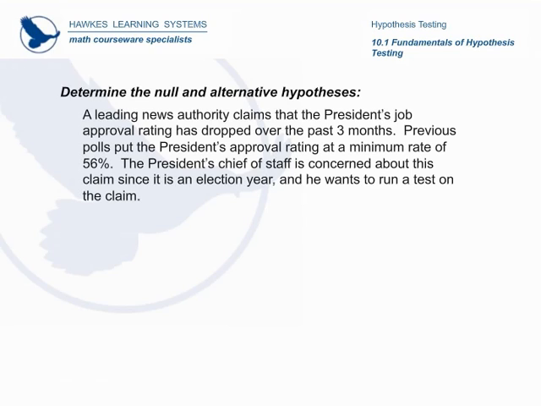A leading news authority claims that the president's job approval rating has dropped over the past 3 months. Previous polls put the president's approval rating at a minimum rate of 56%. The president's chief of staff is concerned about this claim since it is an election year, and he wants to run a test on the claim.